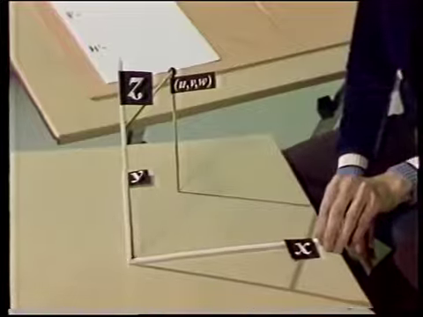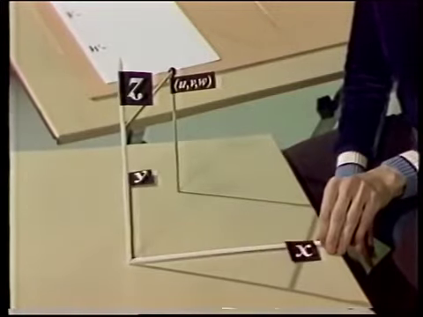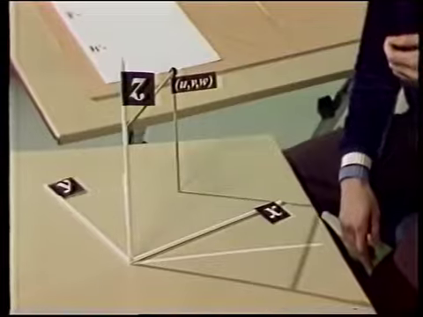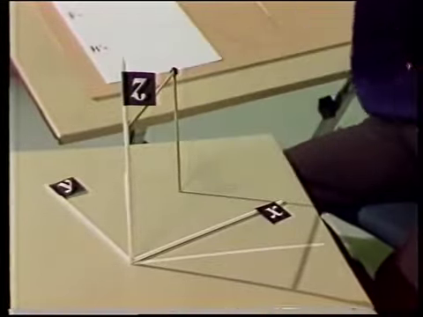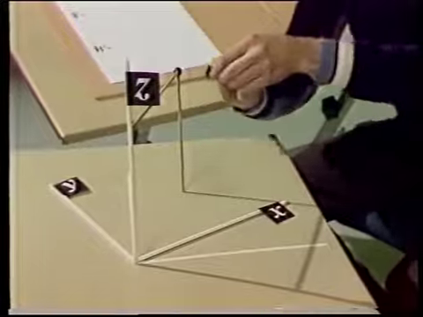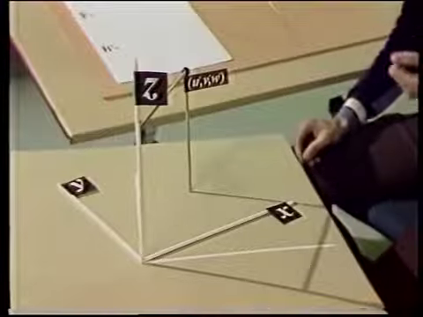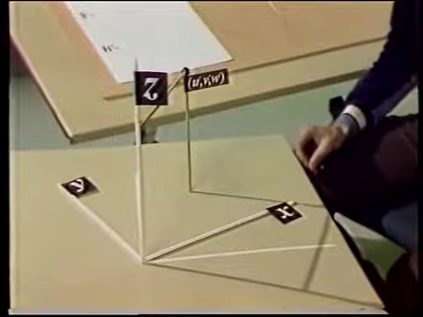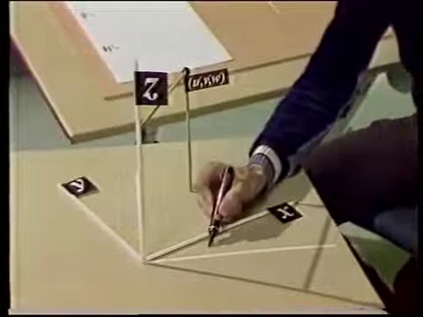Now, I can rotate these axes about the z-axis. What will the coordinates be after I've changed these axes? Well, let the new coordinates be u dashed, v dashed, and w dashed. We want to find expressions for u dashed, v dashed, and w dashed in terms of u, v, and w, and this angle alpha.